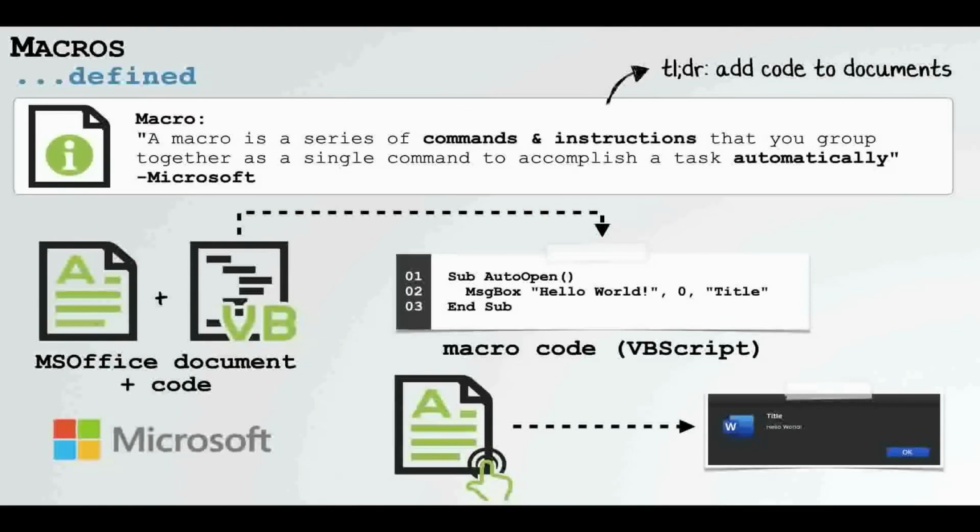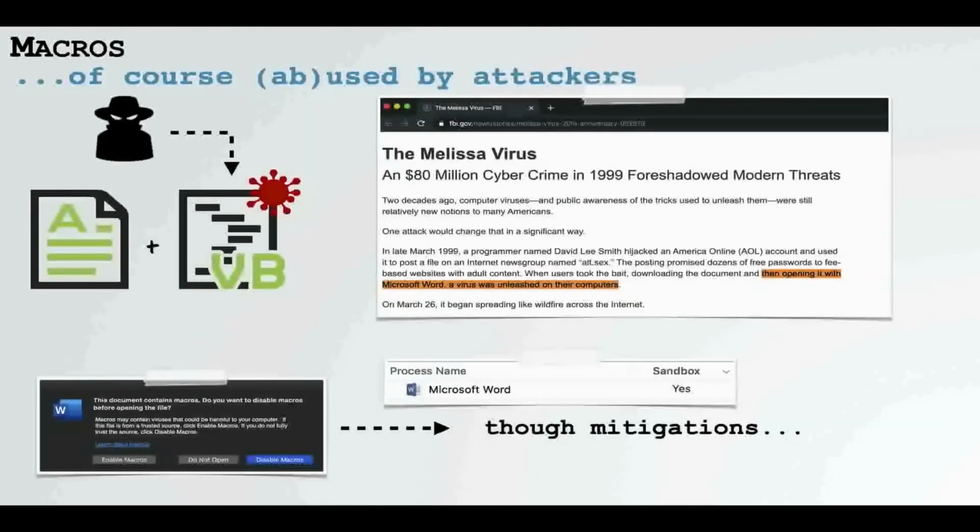Now, we'll talk about this more later in the talk, but since I've placed this code within the auto-open subroutine, if the user has enabled macros, this code will be automatically executed anytime they open the document. Now, from a security point of view, you might be thinking, this sounds like a horrible idea. And you're right.